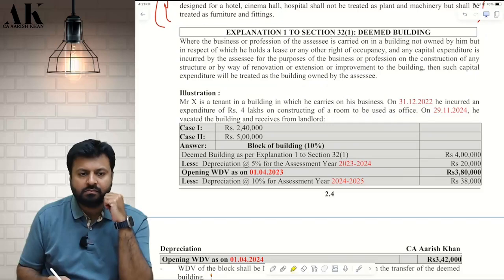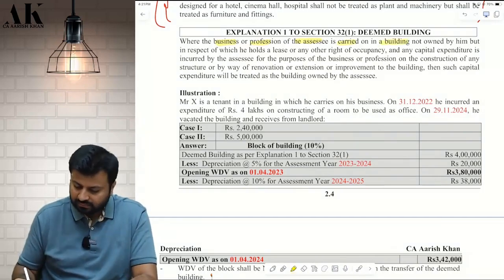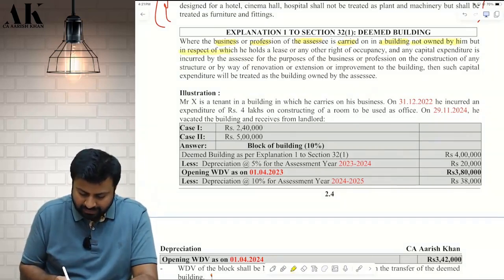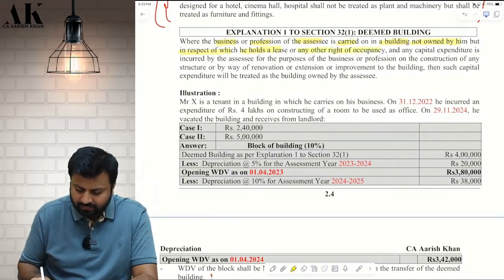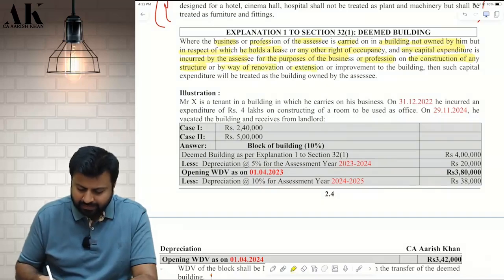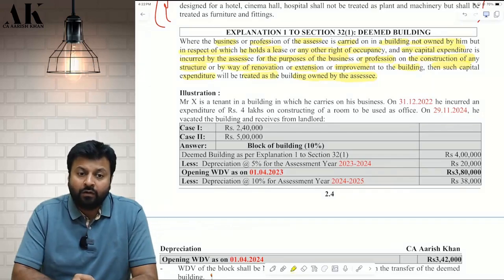Where the business or profession of the assessee is carried on in a building not owned by him, it is not my building, but in respect of which he holds a lease or any other right of occupancy, and any capital expenditure is incurred by the assessee for the purpose of the business or profession on the construction of any structure, by way of renovating, extension, improvement to the building, then such capital expenditure will be treated as what? Building owned by the assessee.